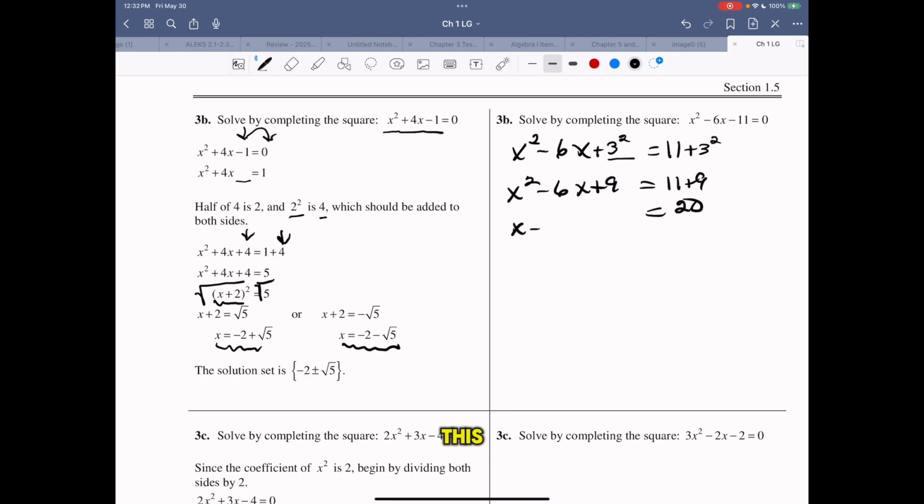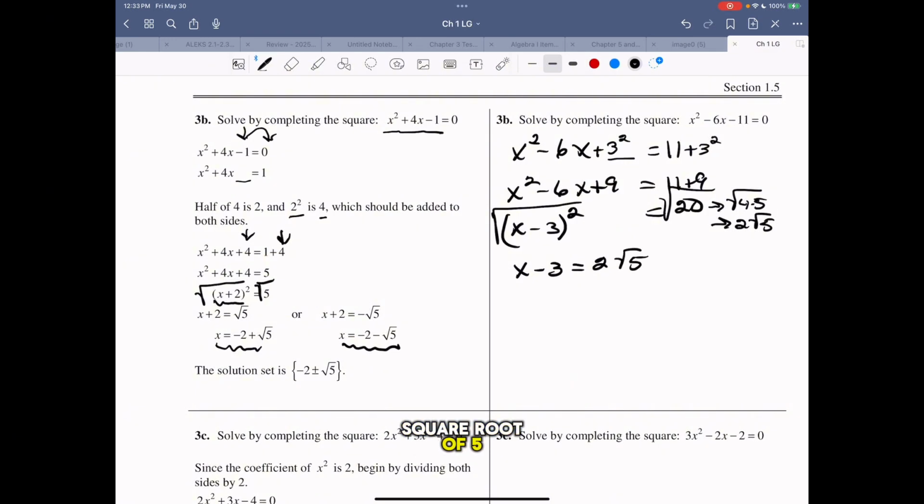Then I can condense this. Take the square root of both sides. I'm going to get x minus 3 equals... So the square root of 20 is the square root of 4 times 5, so it ends up being 2 times the square root of 5.